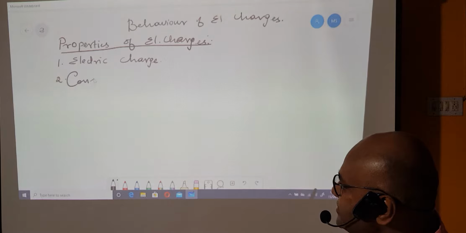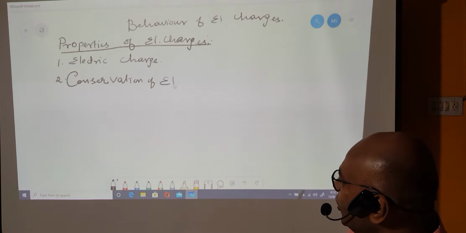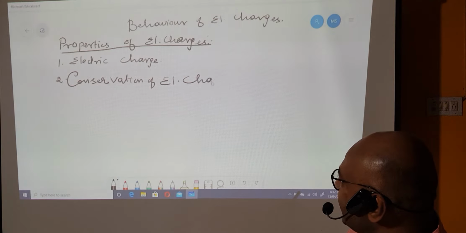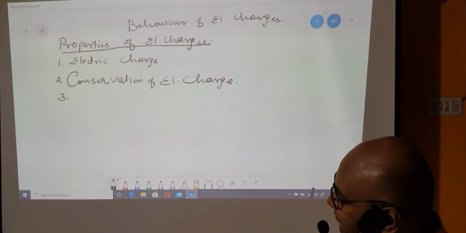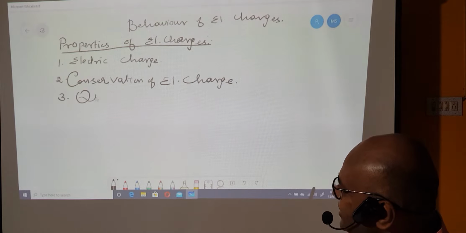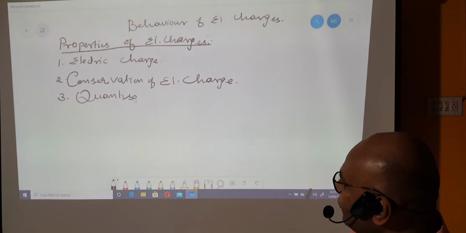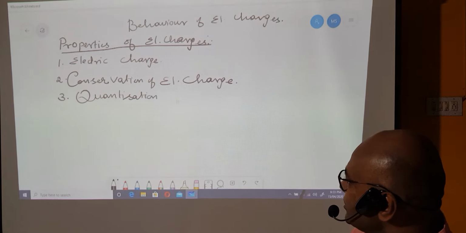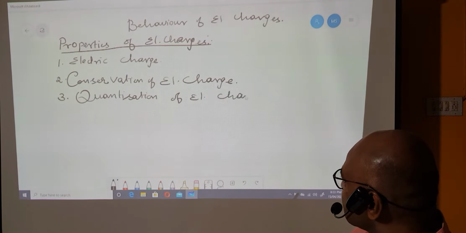conservation of electrical charge. What do you mean by conservation of electrical charge? Let us see. The third property is generally called quantization of electrical charges.